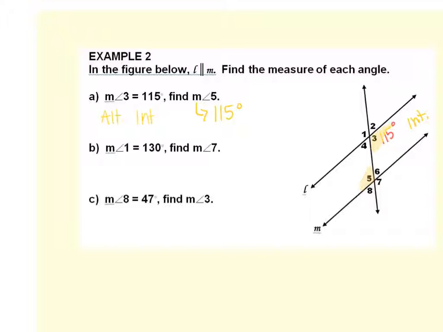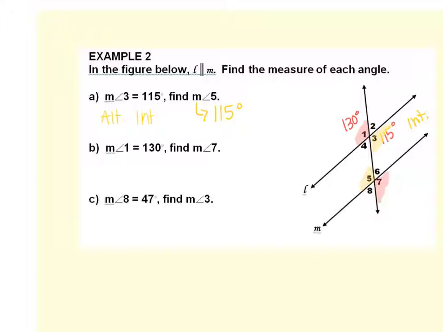So I label what I know, I identify the angle pair, and I either solve if they add to 180 or I say that they are congruent. So the next one, angle 1 up here, and they want angle 7 down here. They tell me angle 1 is 130.